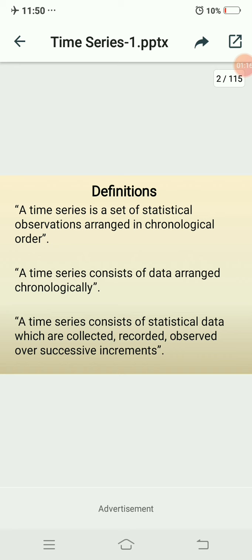Here it is a 1 mark question: what do you mean by the time series, or define the time series? Then you have to write the simple definition: a time series consists of data arranged chronologically. Chronological means you have to set, for example, 10 years of data according to the company profits, say 2001 to 2010 profits, time wise.